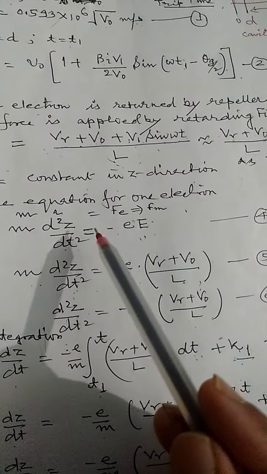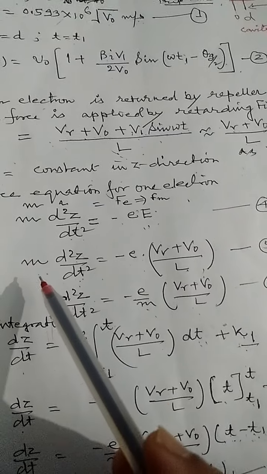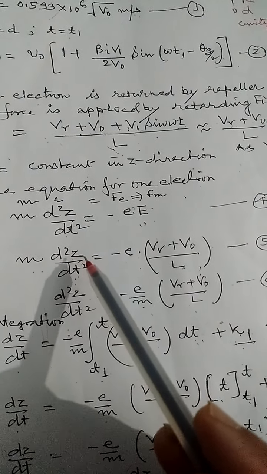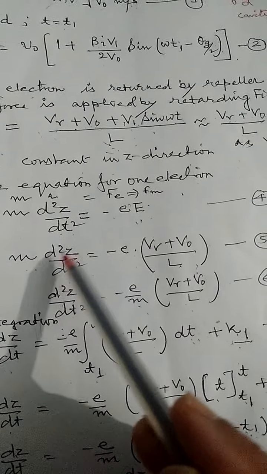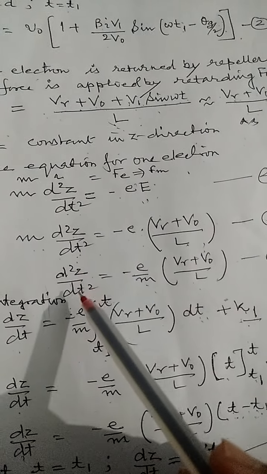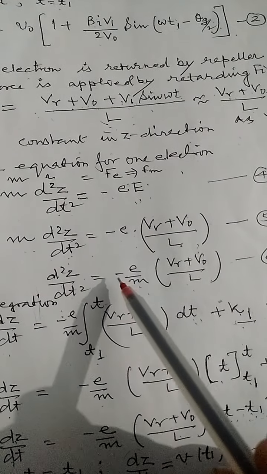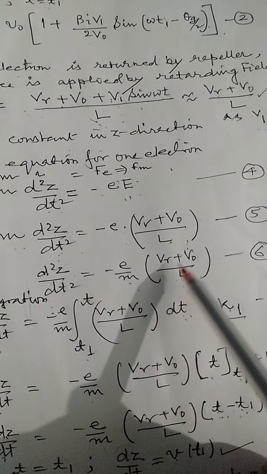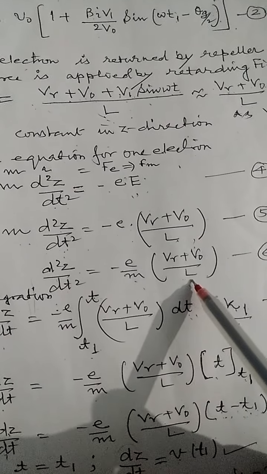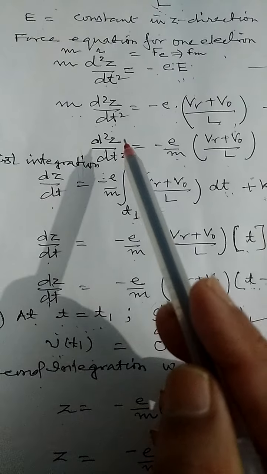This is the electrostatic force and this is the mechanical force, where m is the mass of the electron, and d square z by dt square is nothing but the acceleration. So this acceleration, d square z by dt square, is equal to, this m comes over here, minus e by m into Vr plus V0 divided by L.